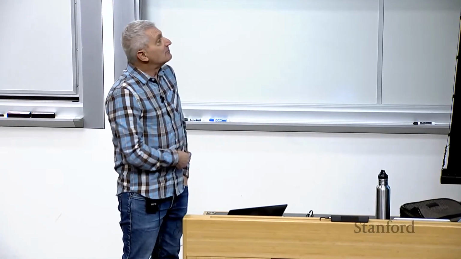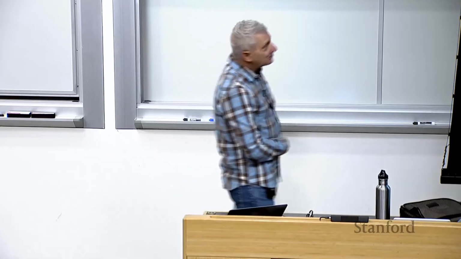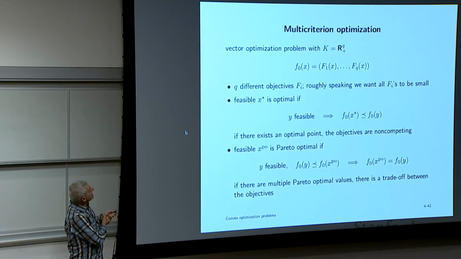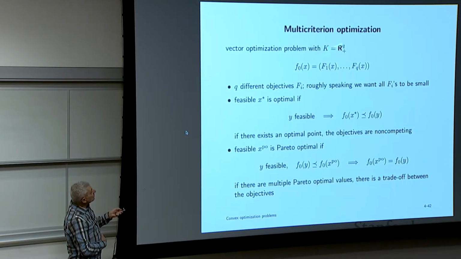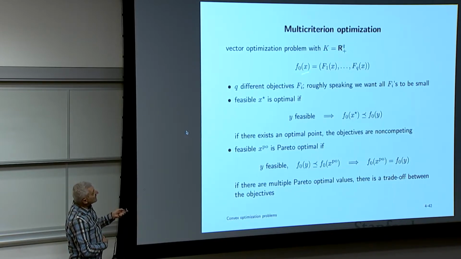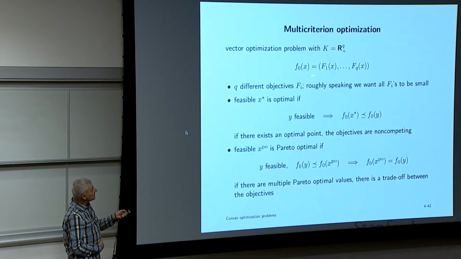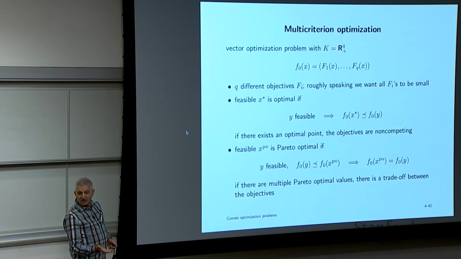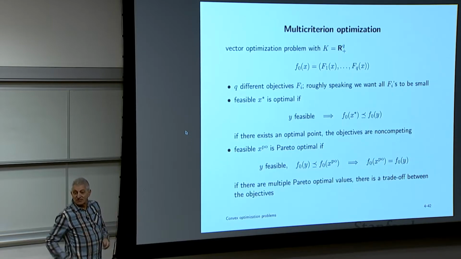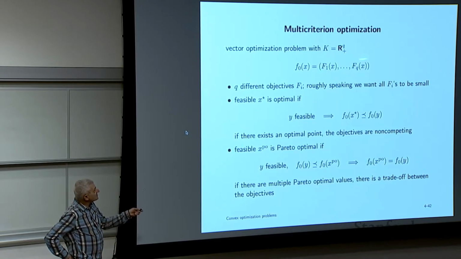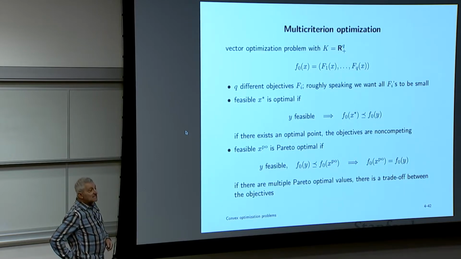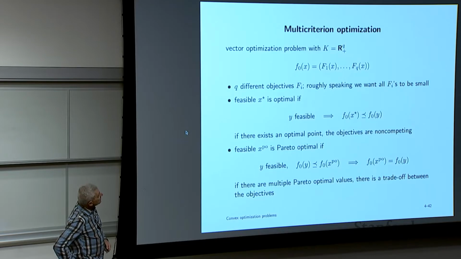Okay, it's clearest in the case of what's called multicriterion optimization, and this is a vector problem where we just have the cone, and our objectives actually have. So we would literally refer to these as our objectives, F1 up to FQ. Right, those are our objectives. Altogether, they become a vector objective, but literally you'd call these the objectives, right? And let's see what it means. So here's what it would mean.